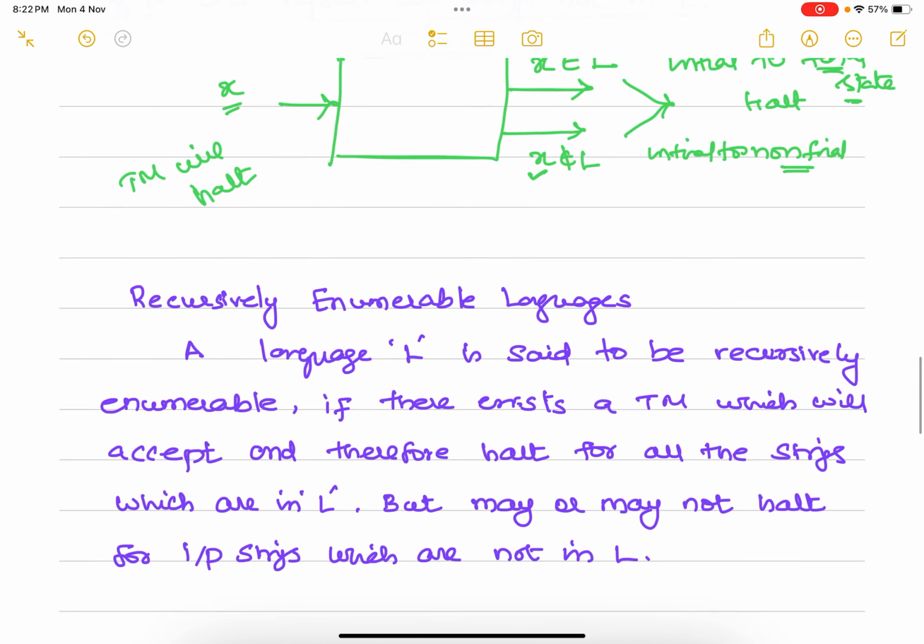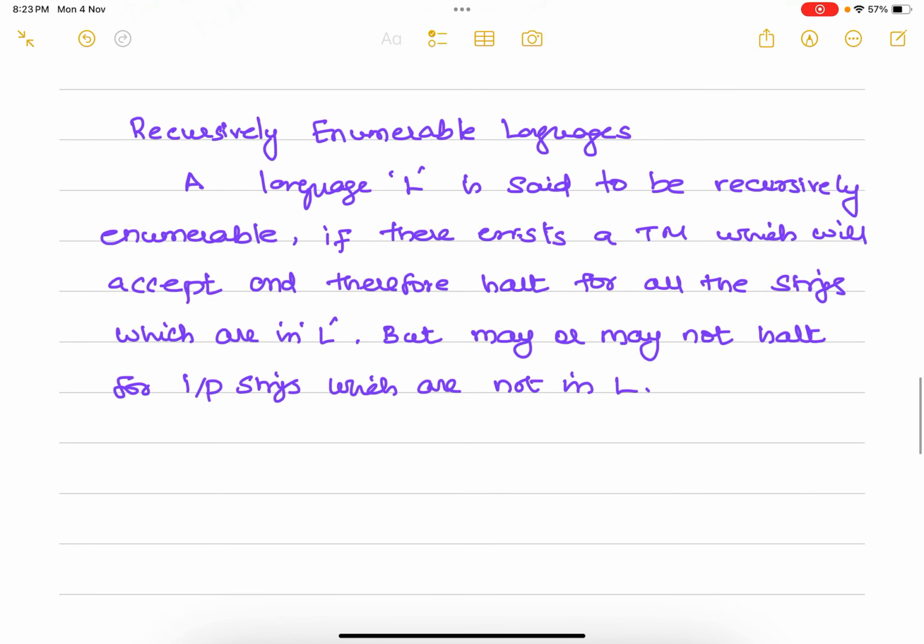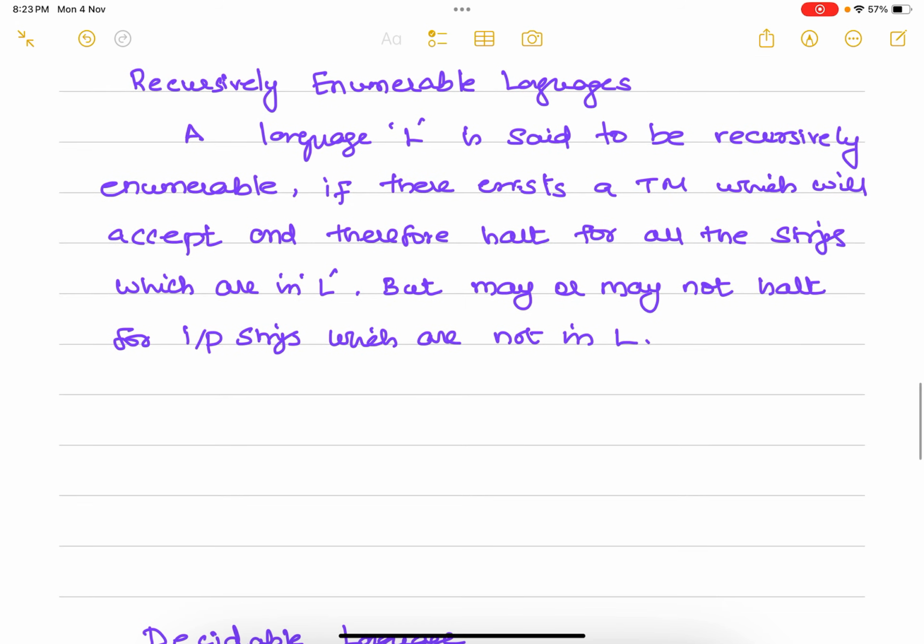Now coming to recursively enumerable language, a language L is said to be recursively enumerable if there exists a Turing machine that will accept and halt for all the strings that belong to L, and for those that do not belong to L, it will not halt. Instead, it will loop inside the Turing machine.